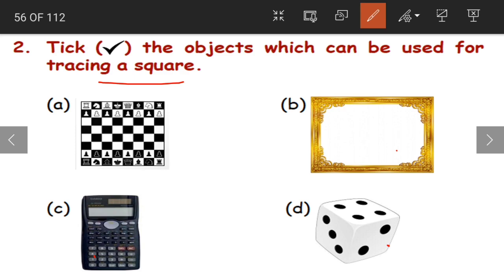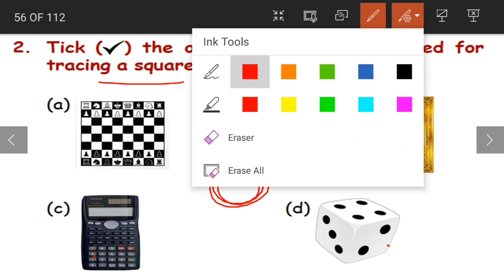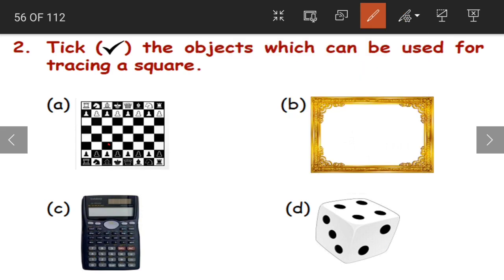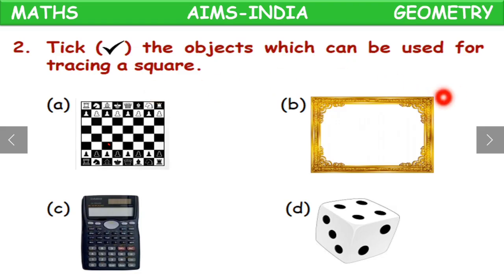Especially while drawing circles, we take any object such as a coin or a bangle or a bottle cap which is in the shape of a circle, so that we can keep that object and then trace a circle around it. In the same way, out of the given objects, which can be used so that we can trace a square, that is, draw a square.